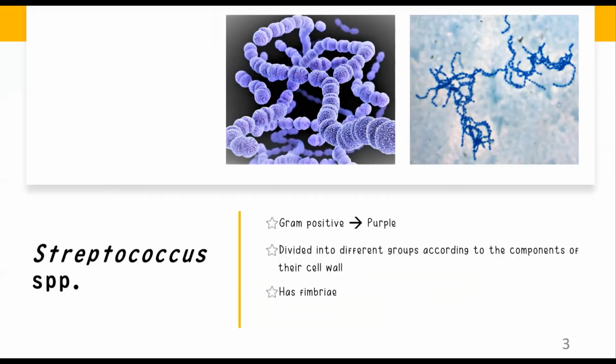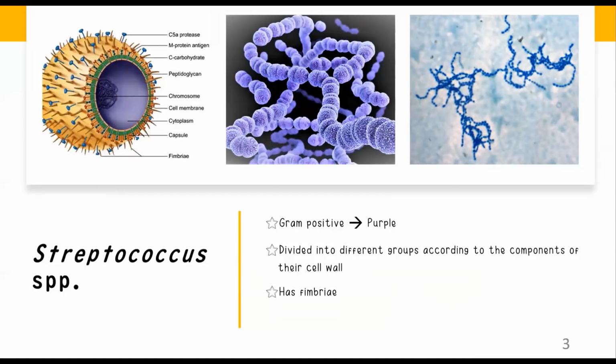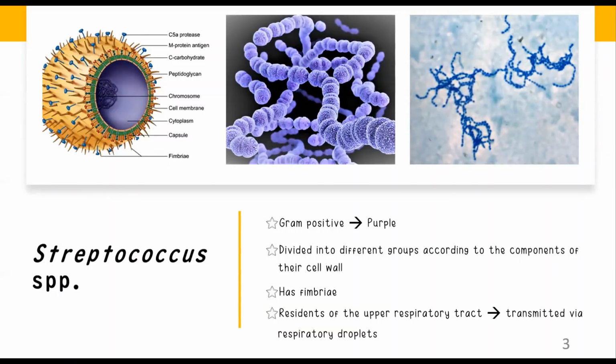They have fimbriae that will allow them to adhere to the human epithelial lining, for example, the epithelium in our respiratory tract, where they can establish an infection. The Streptococcus genus is actually considered a normal flora of the upper respiratory tract, and children are considered carriers.